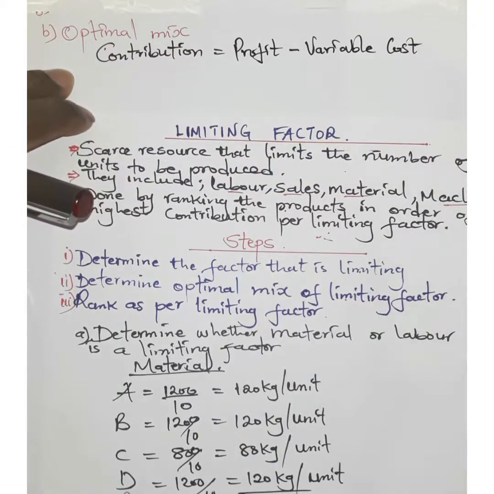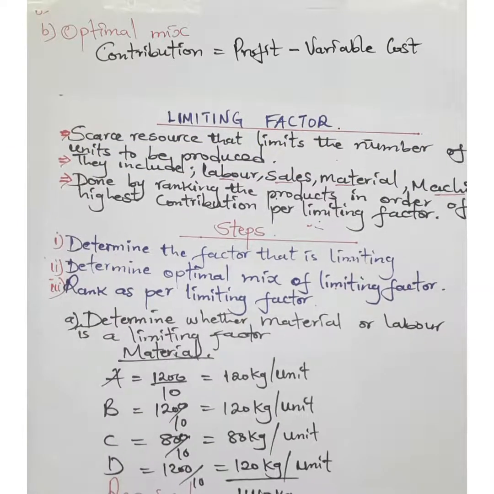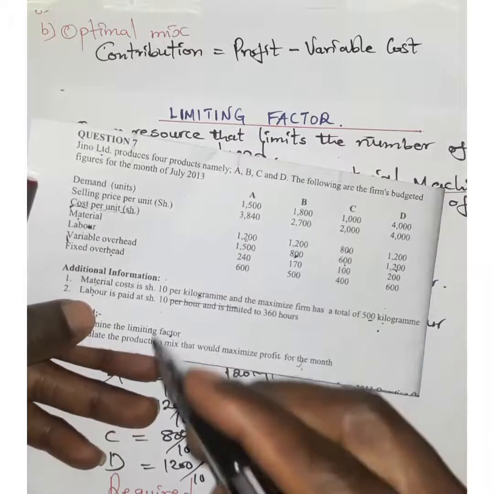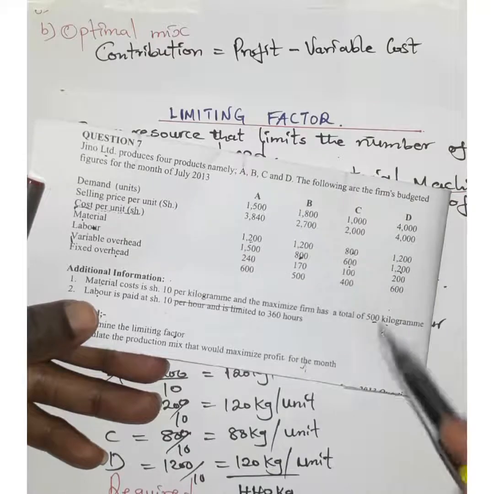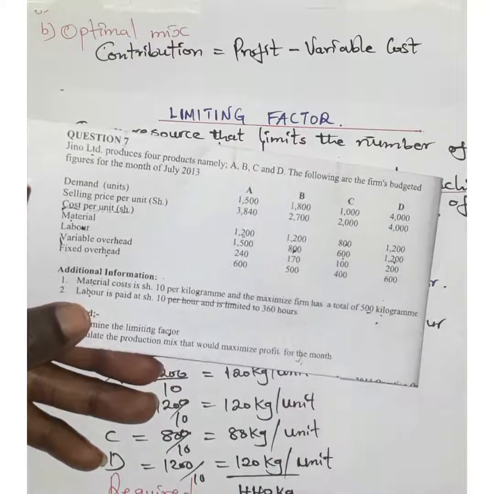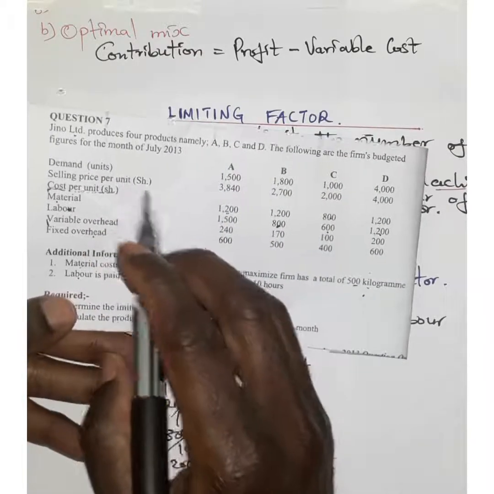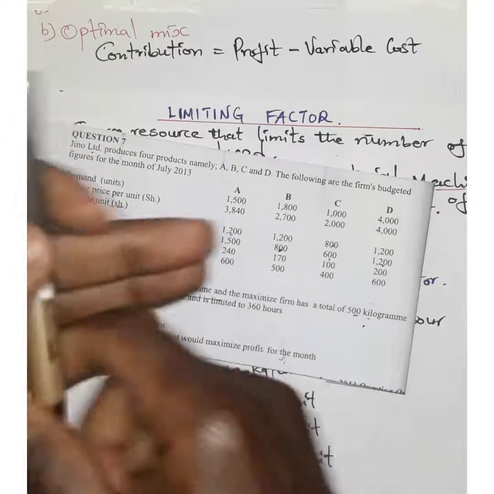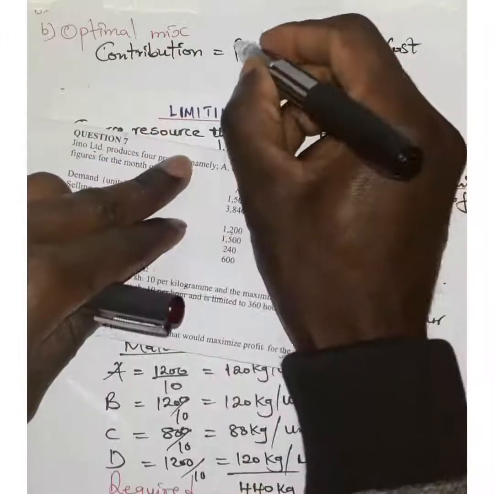As we all know, if you look at our question, you'll find that we have elements of selling price. This contribution should be the sales minus the variable cost.